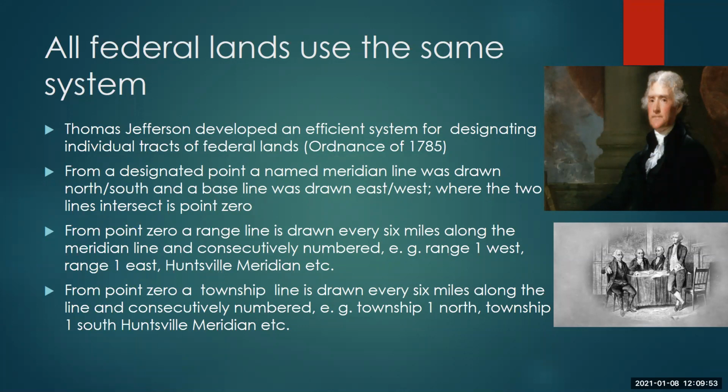Now, every 6 miles on the baseline going east and west, there is a range line. There is a range line that goes north and south, just like the meridian does. It parallels the meridian. And this is every 6 miles along the baseline.